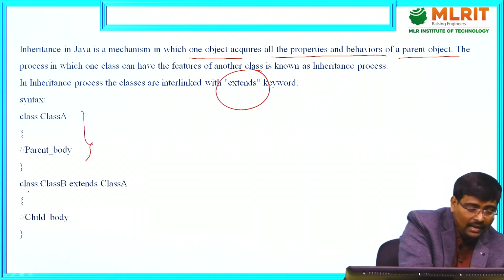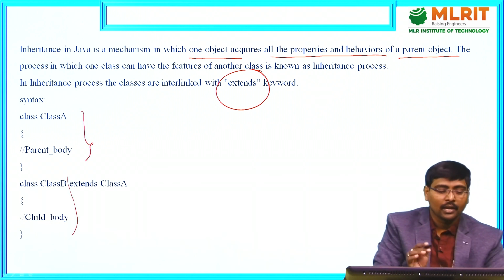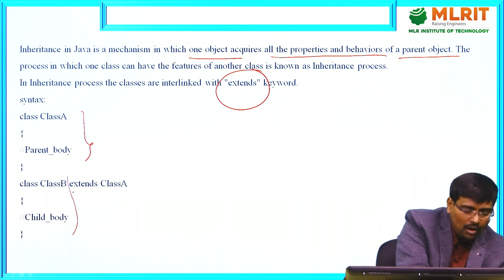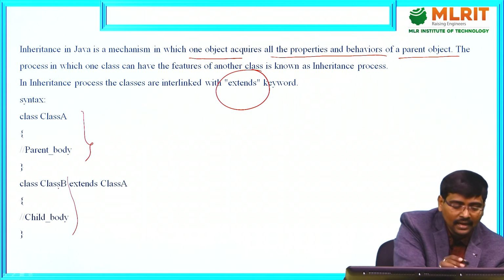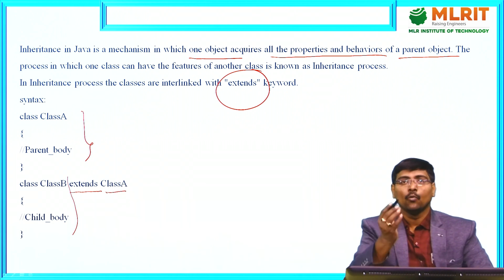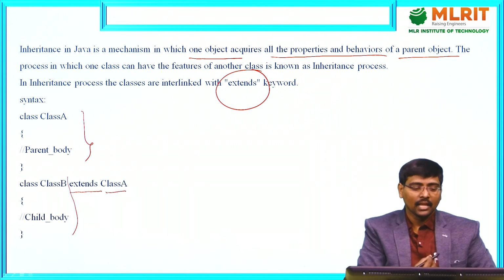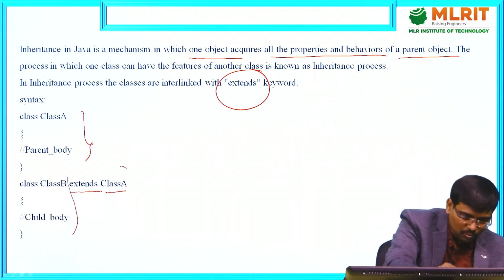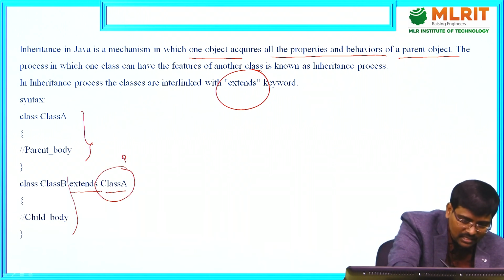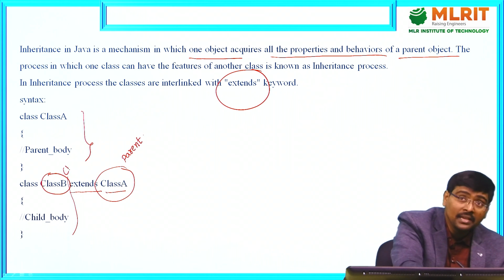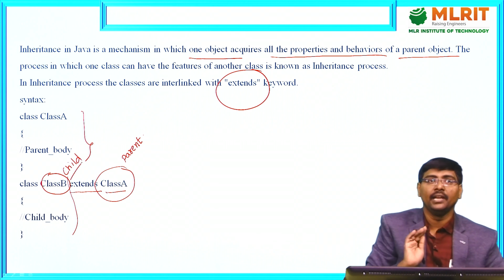Assume some class A, which consists of some body. Here another class B is there. Right now there is no relationship between A and B. If after class B you write extends A, it means we are extending the properties of class A. Based on this, class A is called the parent class, class B is called the child class.